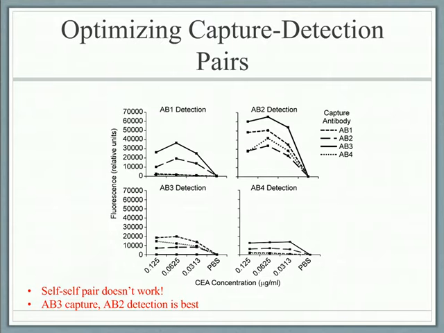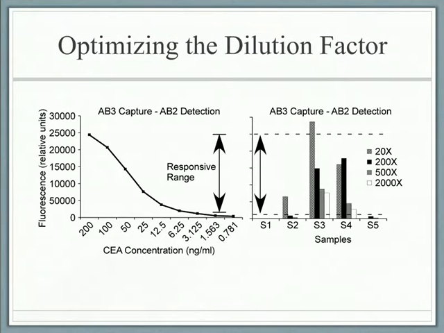So selecting that combination as our optimized pair, then we can use that to look at the linear response range of the assay to set our dilution factor, as I mentioned before. So on the left panel here, we see the curve over a range of CEA concentrations.